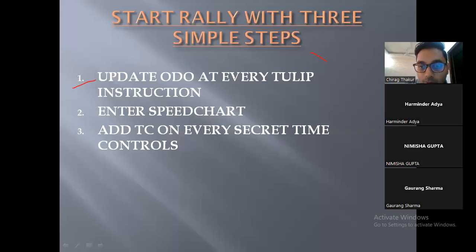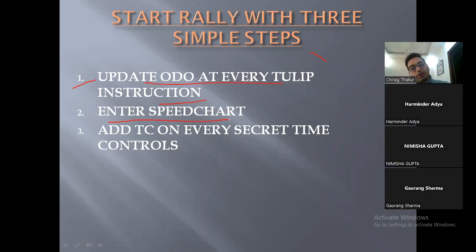Whatever your roadbook is saying at every point, you have to enter that Odo, so that your Odo does not drift and you are accurate on every TC. So first thing, update Odo at every tulip. Number two, enter speed chart.